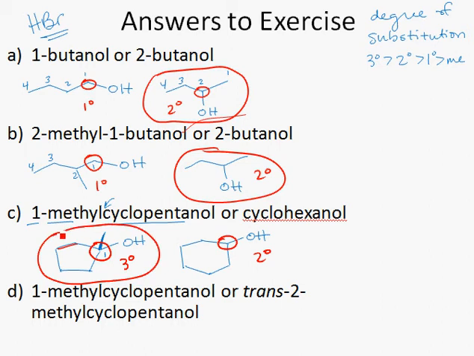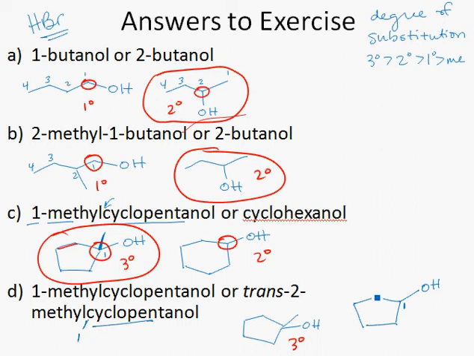In the last one, we're going to redraw 1-methyl cyclopentanol again. We know that one's tertiary already. And our other alcohol, this time, is another cyclopentanol, so another cyclopentane with an alcohol. We're going to automatically make that carbon 1 because it doesn't say in front of the cyclopentanol.